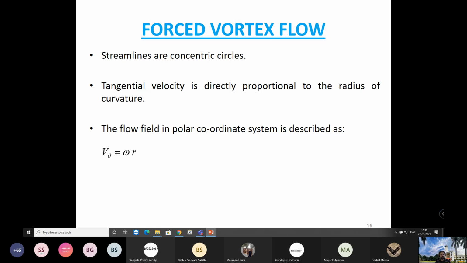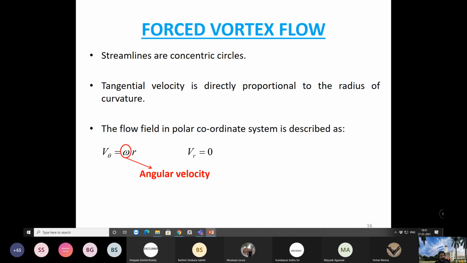Here we know that V theta is equal to r omega; in the polar coordinate system we write V theta as r omega. This is the angular velocity, which we know from before from our mechanics class. There's nothing new that we have written here. And Vr is equal to 0.